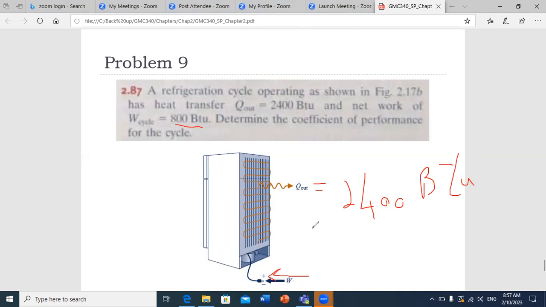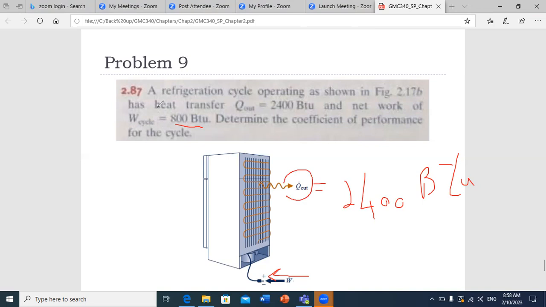And we know that in a refrigeration system, to calculate the coefficient of performance, we should divide the useful power. What is the useful power here? It is the refrigeration flux that you can take outside of your system. You are taking heat from your system.